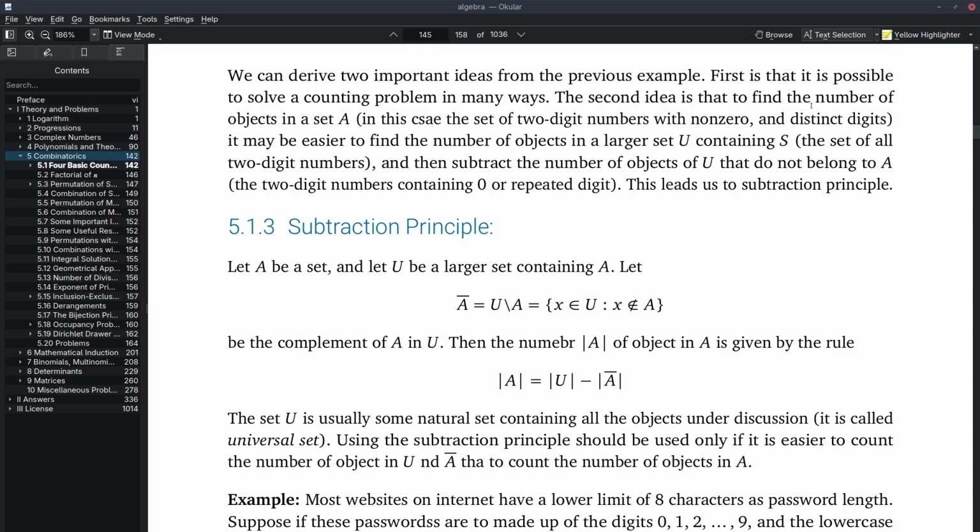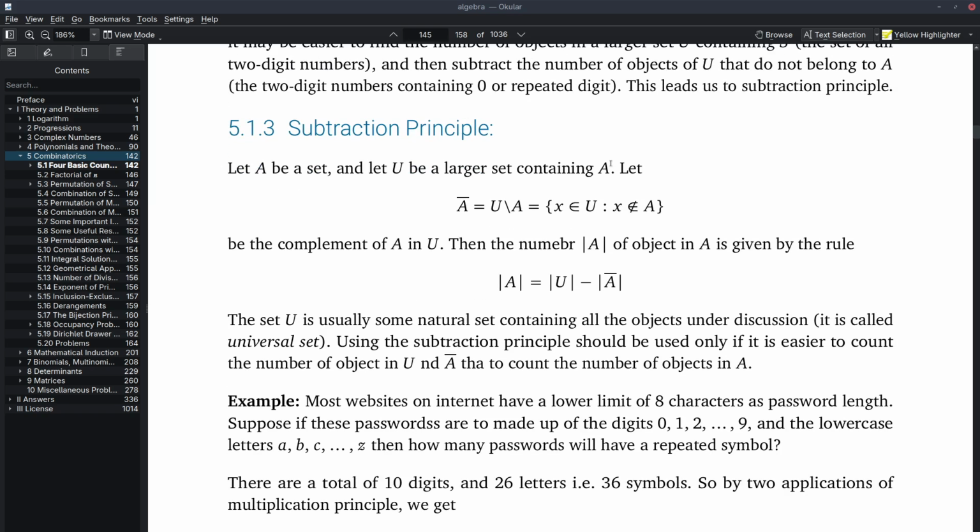Second idea is that to find the number of objects in a set S, in this case, the set of two-digit numbers with non-zero and distinct digits, it may be easier to find the number of objects in a larger set U containing S, the set of all two-digit numbers, and then subtract the number of objects of U that do not belong to S, the two-digit numbers containing 0 or repeated digits. This leads us to the subtraction principle.